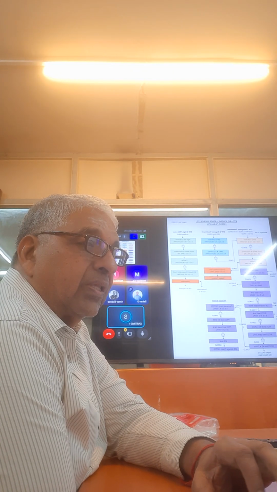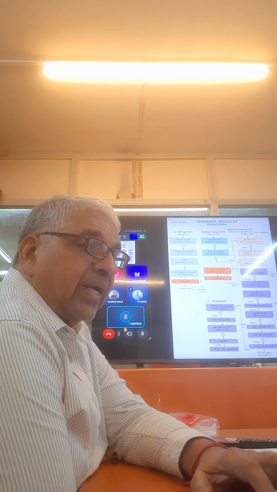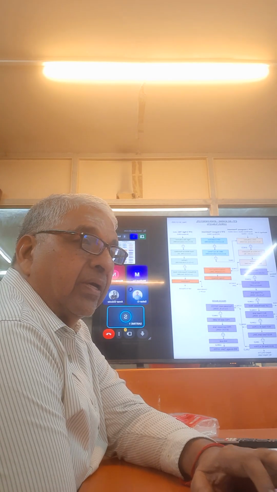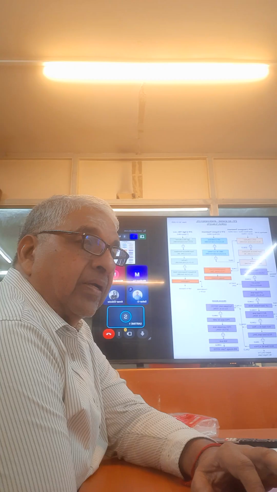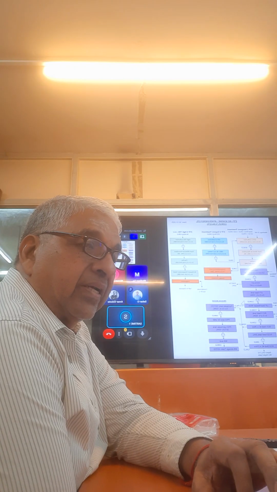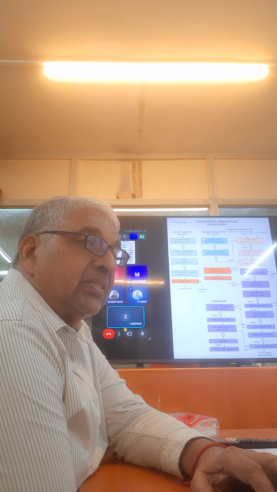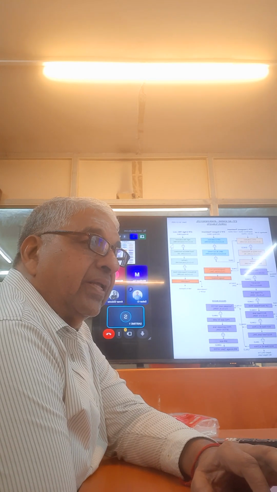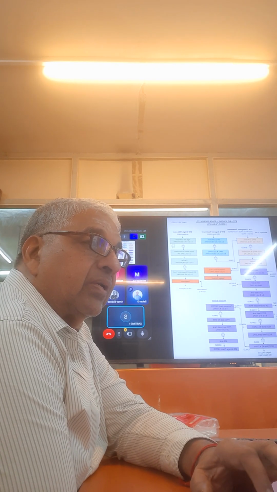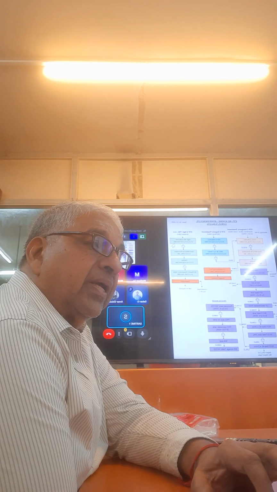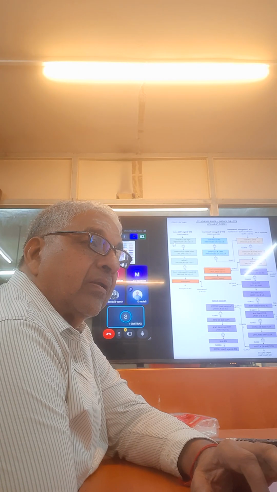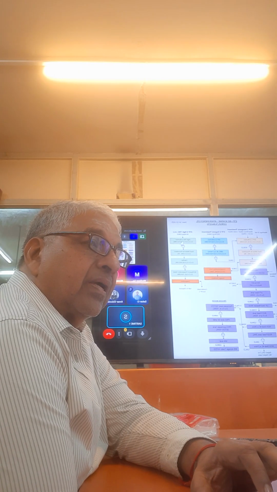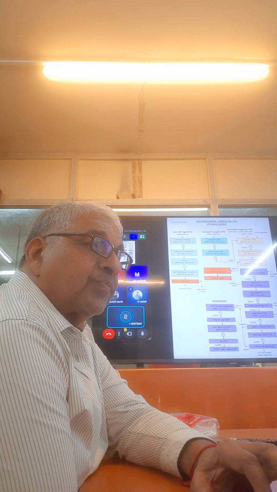So this is on the process water side. This is the ETP area, and rinse water treatment and recycle area. And this is the high TDS area. In high TDS we collect, I have given 38 KL or 40 KL as the collection.